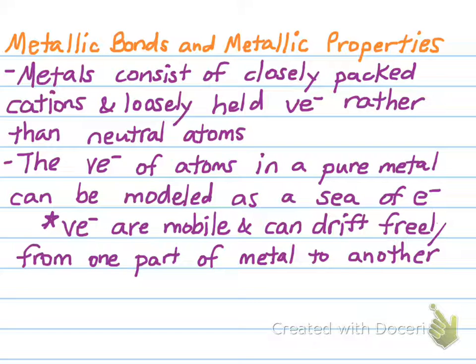It would be in between all of you. And so that's cushioning each metal cation from the other, the fact that there are these free moving valence electrons between all of these metal cations. And they're small, like a sea of electrons, so they're able to easily get in between those metal cations.